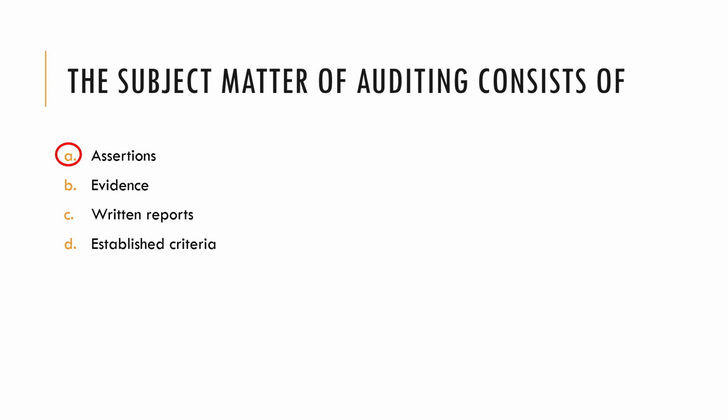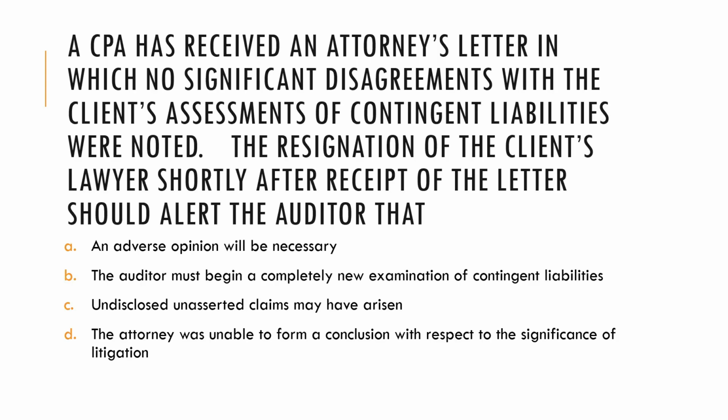We still have completeness, we still have classification, but then we have an additional C, and that is of course cutoff. Letter P would still be for presentation and disclosure. Letter A would still be for accuracy. And then we have letter O for occurrence. So those are the assertions in the financial statements.